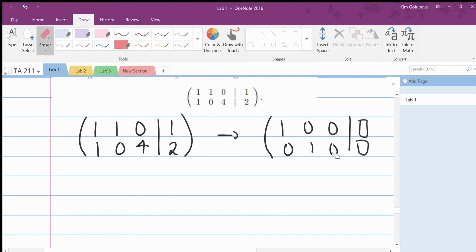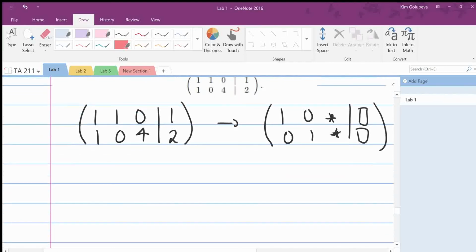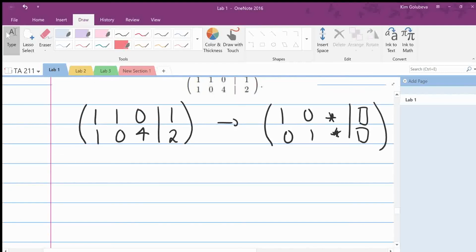And this doesn't have to be zeros. So we want to get these diagonal ones happening. The way we're going to do this is you're always going to check if the top left corner has a leading one in it.